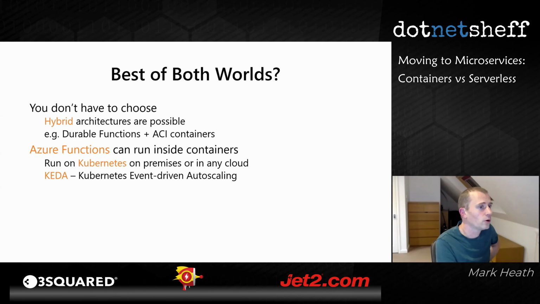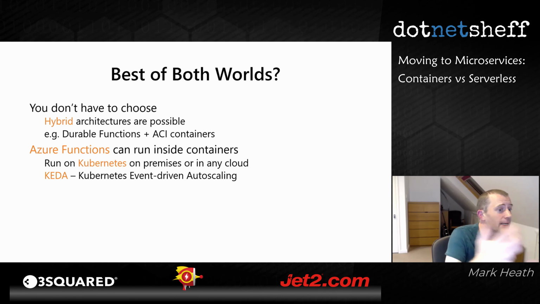So if you're using those services like Cosmos DB and storage, then probably you want your containers to also be running in Azure, because generally speaking, for maximum speed and efficiency, you want your databases to be in the same data center as your code is running. But you could run Azure Functions on premises and connect out to Azure, or even just not use any of the bindings to Azure services.